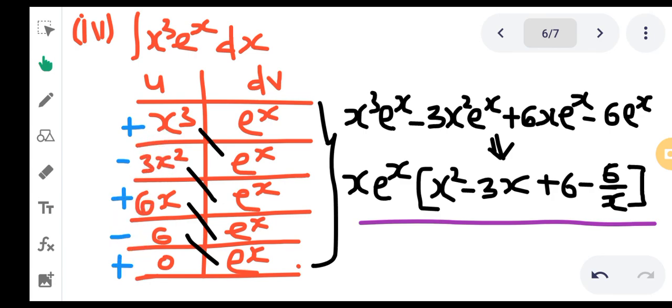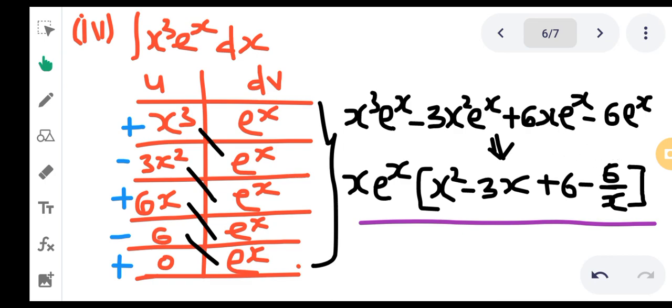So positive x cubed times positive e exponent x, you are going to get this. Negative 3 multiplied diagonally by e exponent x, you are going to get negative 3x square e exponent x. Positive 6x times e exponent x, you are going to get this, 6x e exponent x. Then negative 6 times e exponent x, you are going to get negative 6 e exponent x.